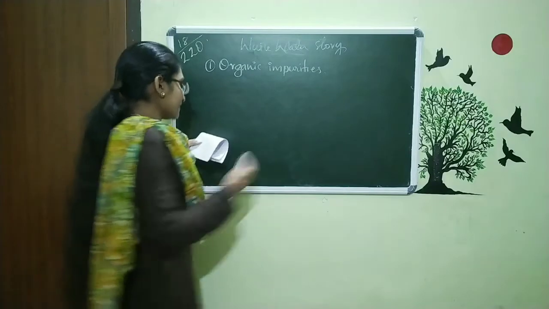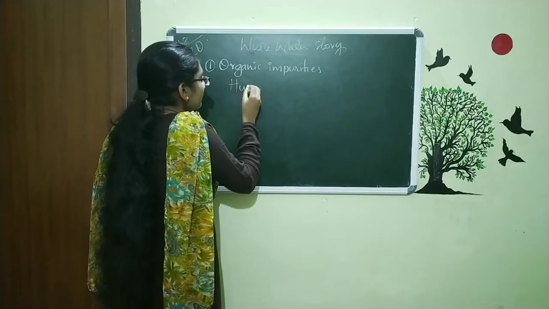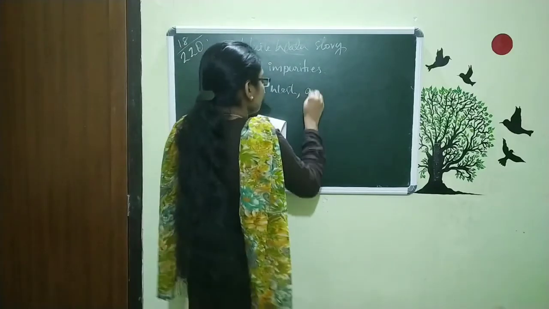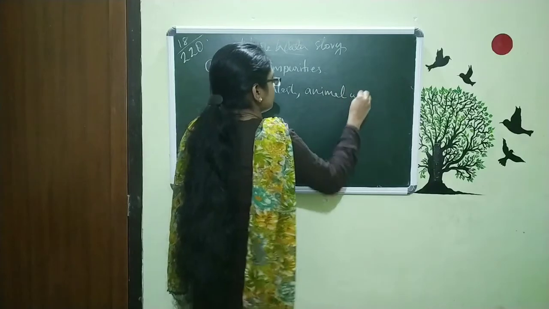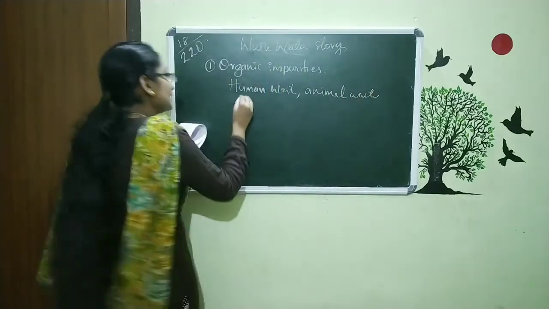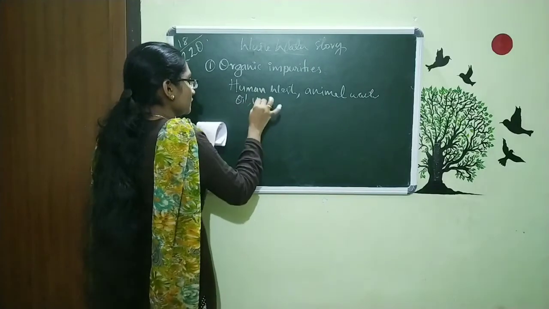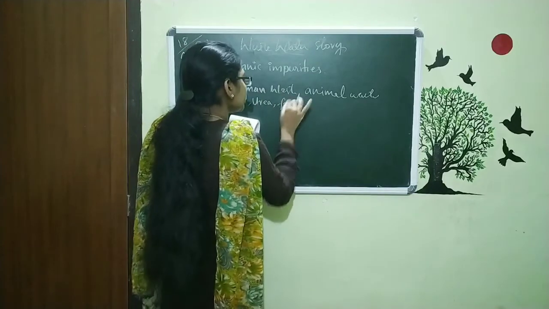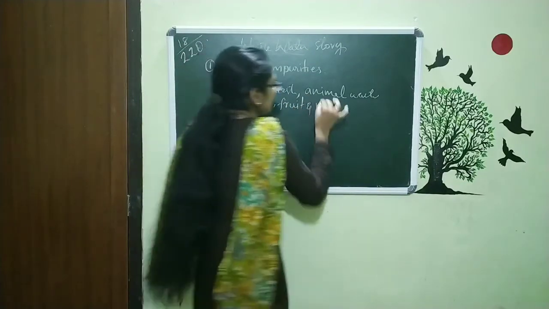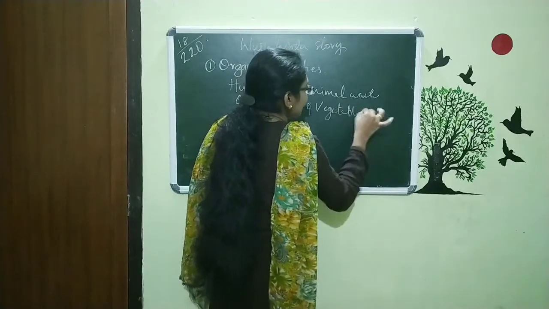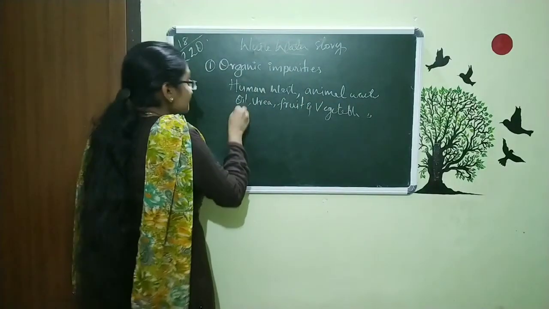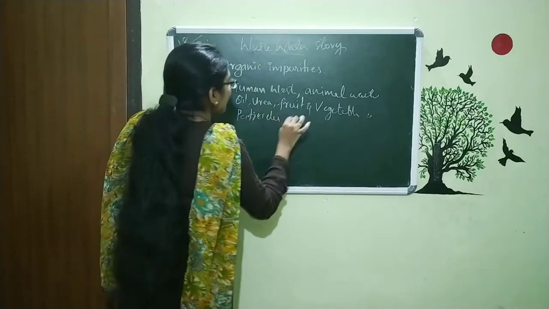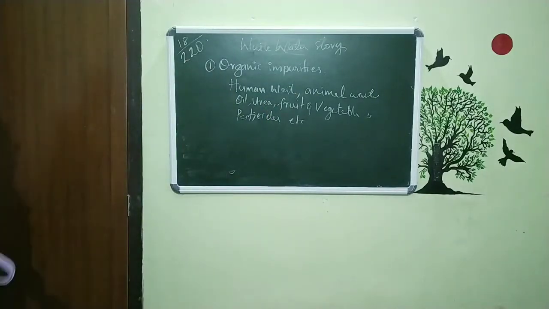So the examples are these: human waste, animal waste, then oil, urea (urea means urine), fruit and vegetable waste, and pesticides, etc. So these are the examples for organic impurities.